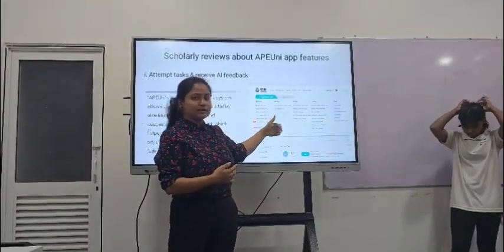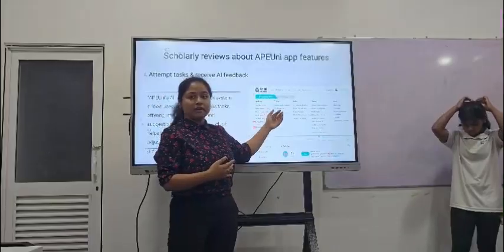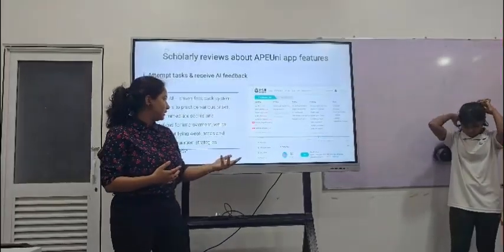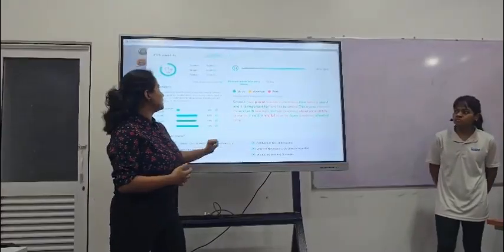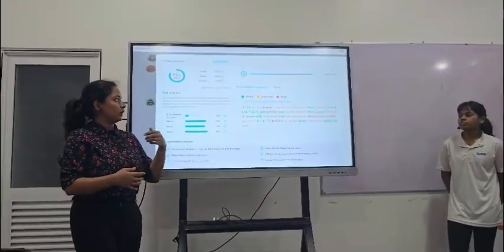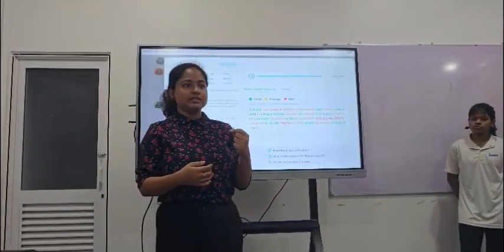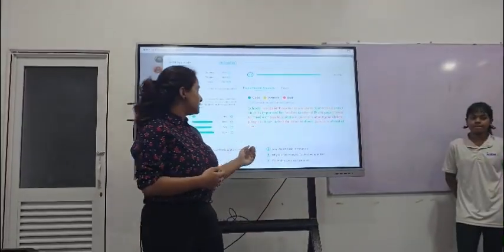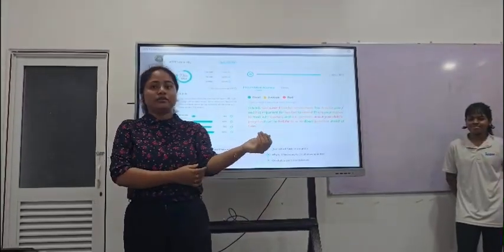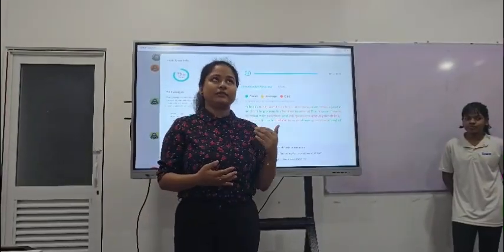You can practice on them once you feel confident enough. Once you practice on this app, for each task you will get AI feedback like this. This is an AI report that I got from the task called Read Aloud.